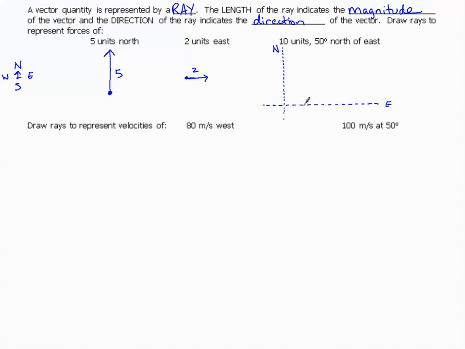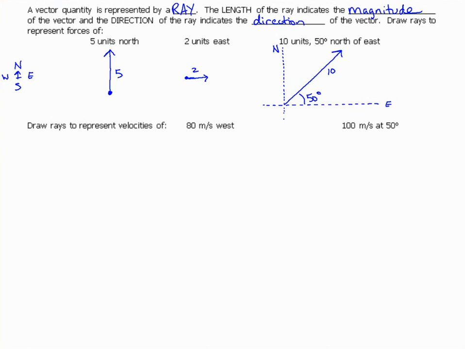So this would be directly east. This might be 45 degrees north of east. And so we're talking about maybe something like this, where this is 50 degrees and this is 10 units. We're not really using rulers here, so our vectors represented as rays are going to be rough sketches.